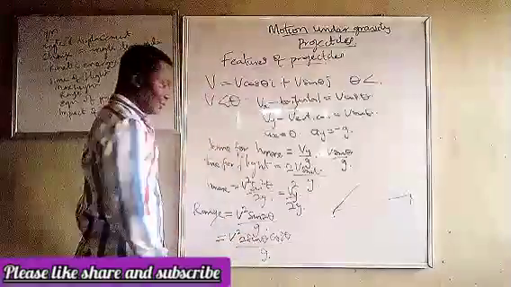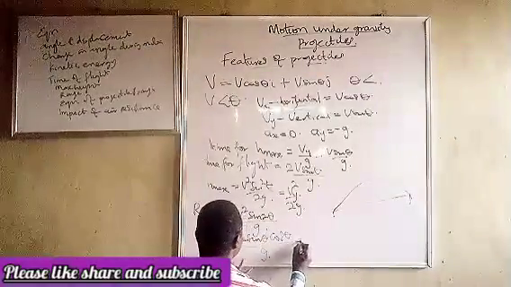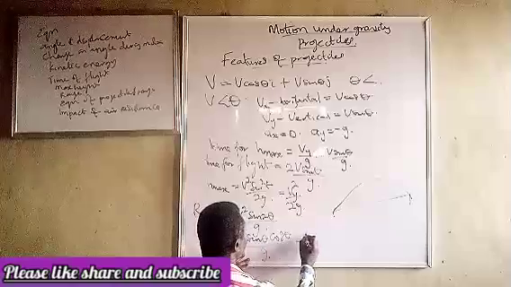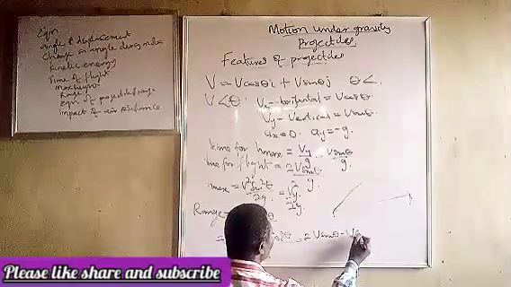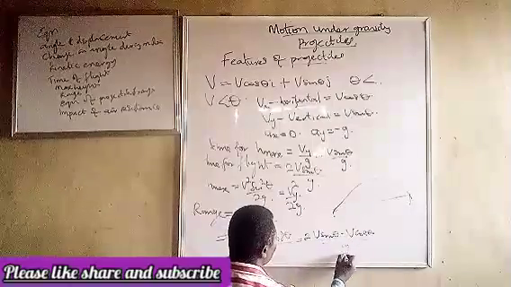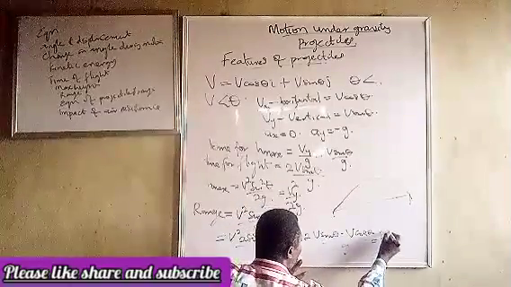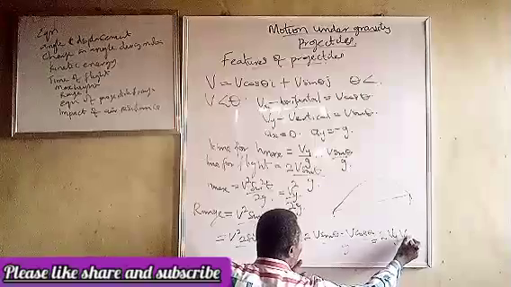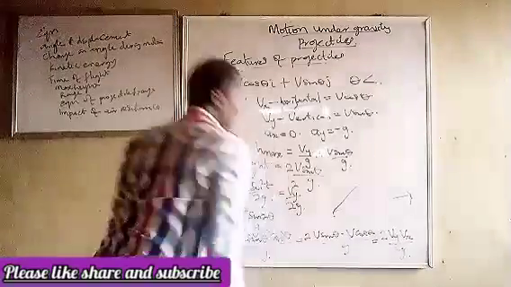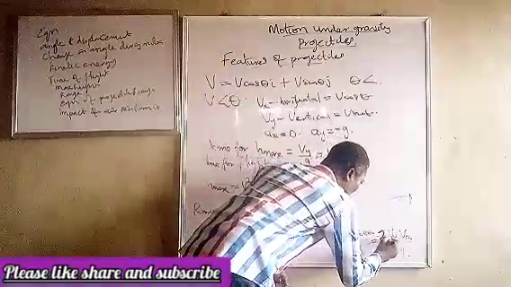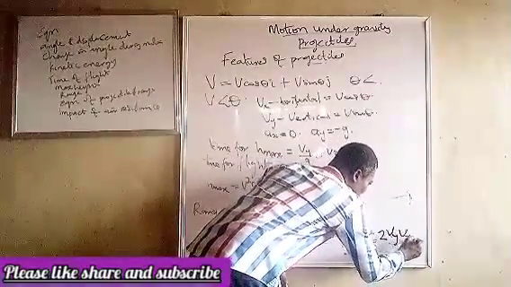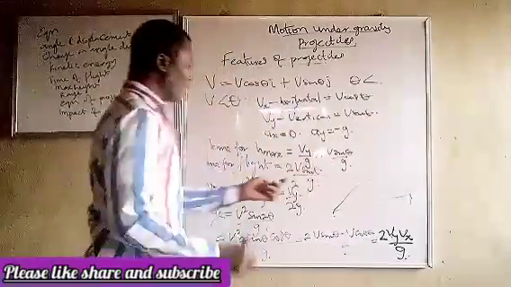We can still break this down: it is equal to 2 into V sin theta, V cos theta over g. And that gives us 2 Vy Vx divided by g.